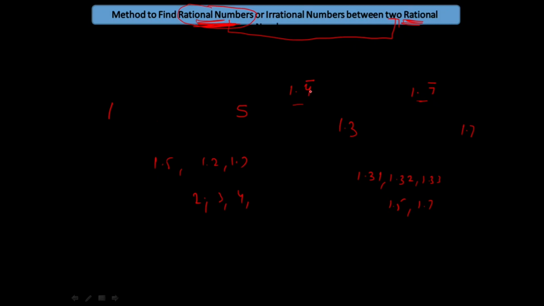This is 1.4444 like this, and this is 1.7777 and so on. Can you say 1.5 is lying in between these two? Yes. 1.6 is in between these two. 1.51, 1.55, 1.62, 1.623. There are many numbers in between these two.